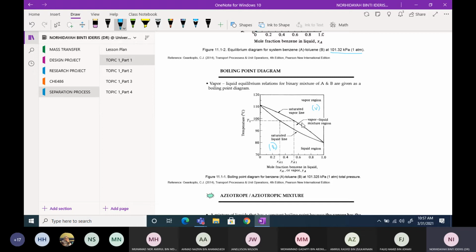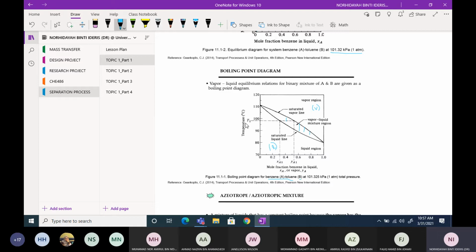So you have a vapor liquid mixture region, meaning between this saturated vapor line and the saturated liquid line, you have a mixture of vapor and liquid. So I want to tell you again that this diagram is specific only for the case of benzene and toluene. For other cases, the diagram will be different.